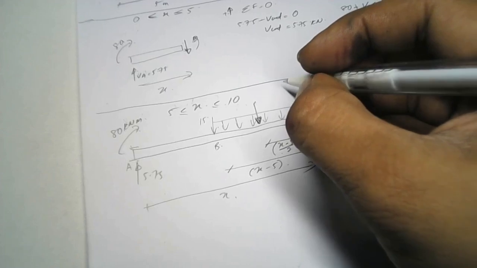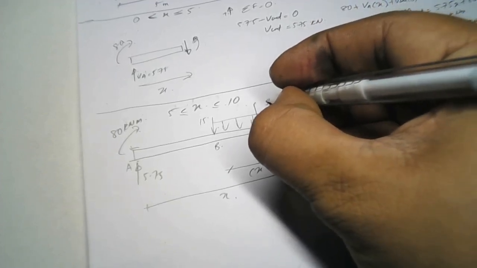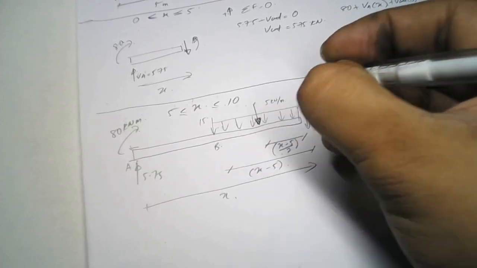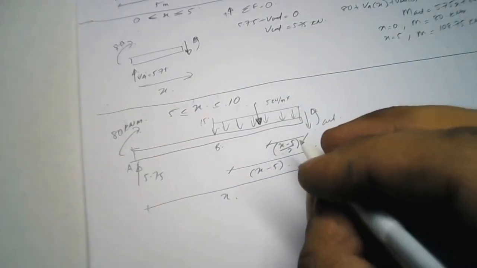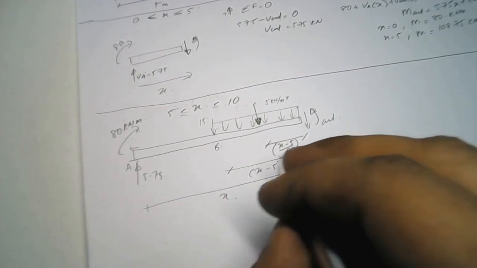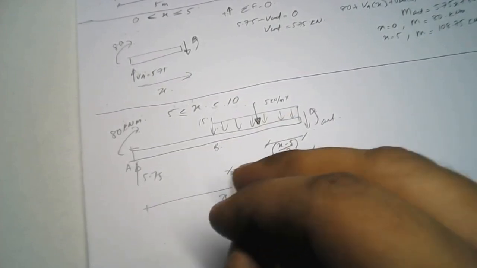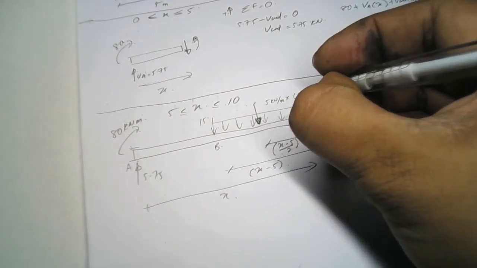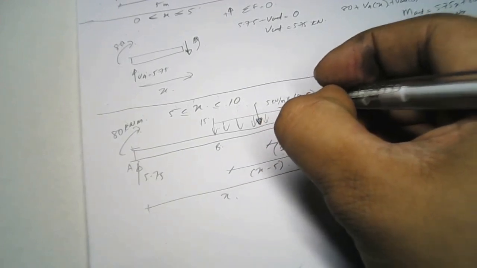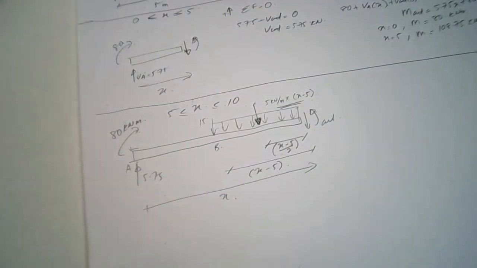We have 5 kilonewton per meter multiplied by the total length of the distributed force, x minus 5. That one is the force.